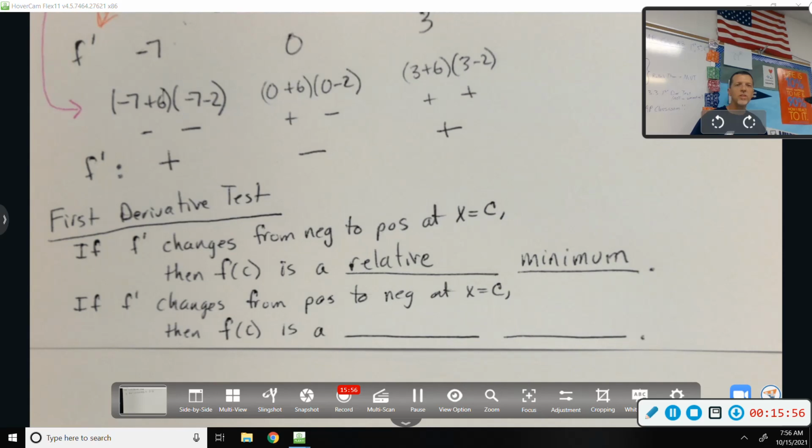F prime is the slope. So the slope goes from positive to negative. So what's going on if we change from going positive to going negative? What do we have? A relative maximum. We're at the top of a hill.